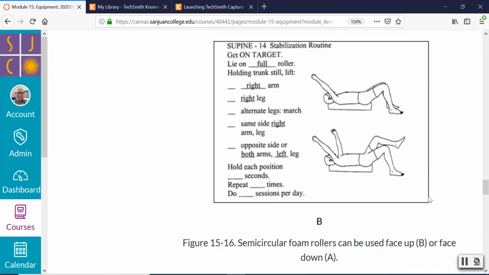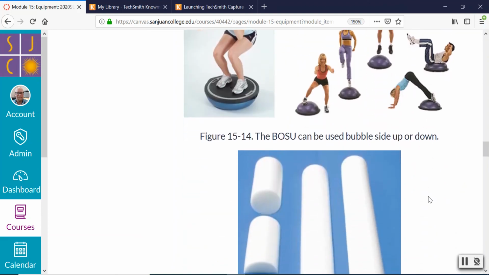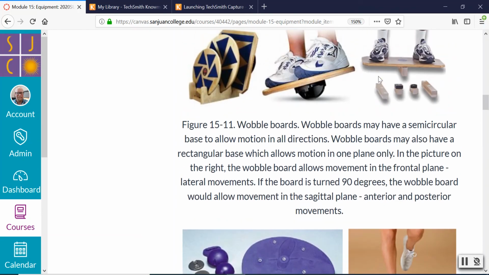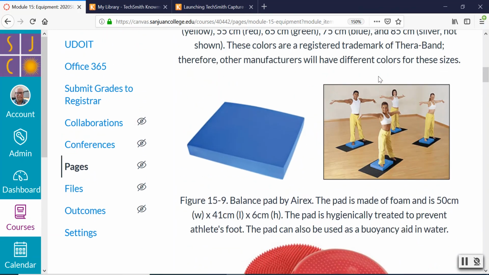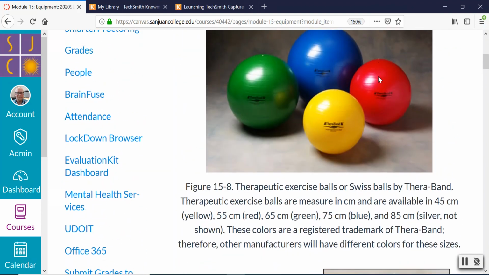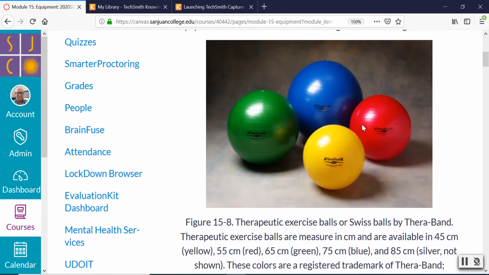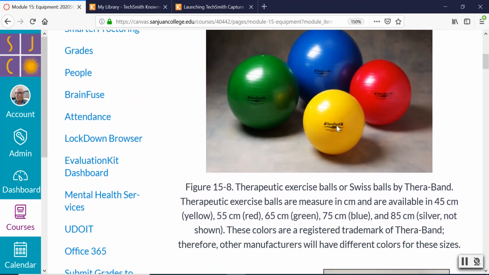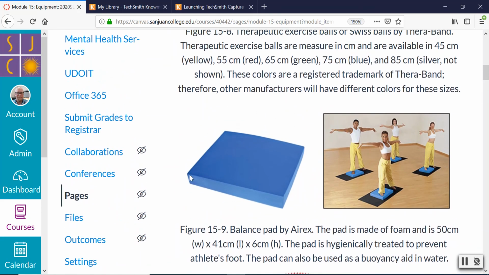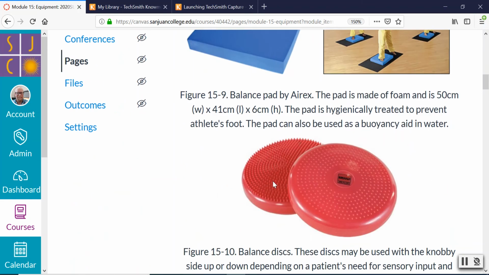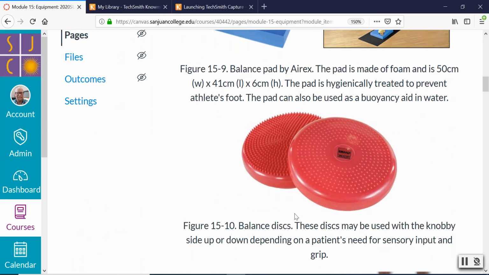But these ones up here, anything above this we'll use super commonly to help people, and they kind of go in order, right? So the easiest that you use with somebody who's trying to get stronger in sitting is going to be a Swiss ball, and then this foam mat for people in standing is a nice progression, and then they kind of get harder from there, right?